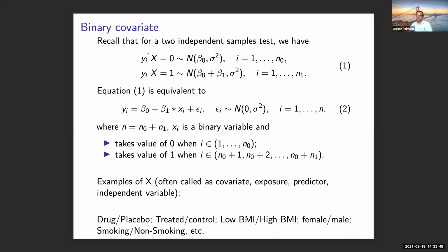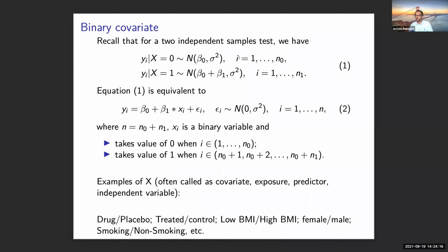So what does that essentially mean? We are basically now looking at yi, which is our response variable, in the presence of x, which is here our binary variable, equals 0. So we are essentially looking at a beta 0 that is normally distributed with a variance around the mean.